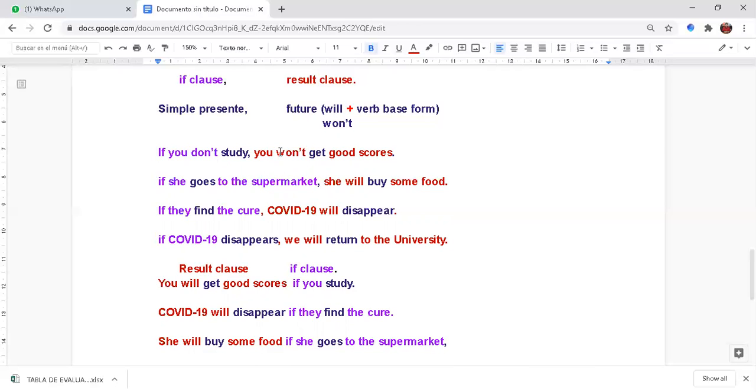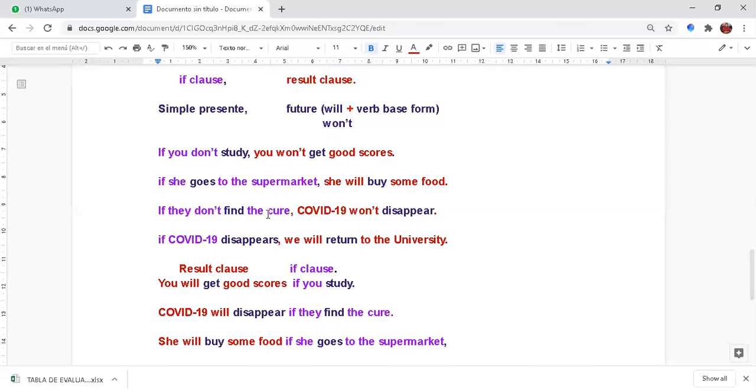Yes, you can use the negative form of will, won't. Obviously, the meaning must be negative as well. If they don't find the cure, COVID won't disappear. We're going to begin to live with COVID.